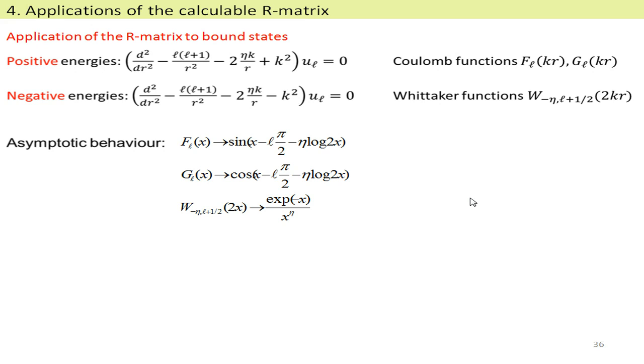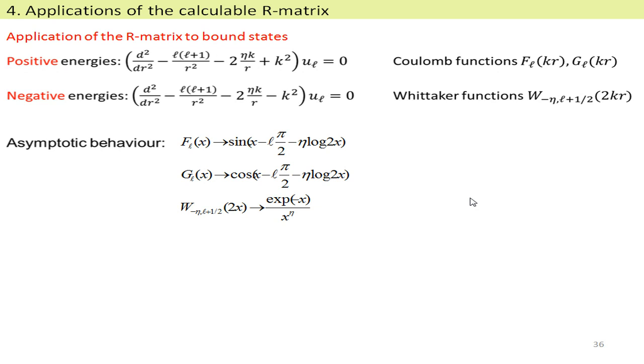Instead of plus k squared, you have minus k squared. And the solution of this equation are the Whittaker functions. There is W and M, but M diverges, so it should be disregarded. So the solution of this equation is the Whittaker function.